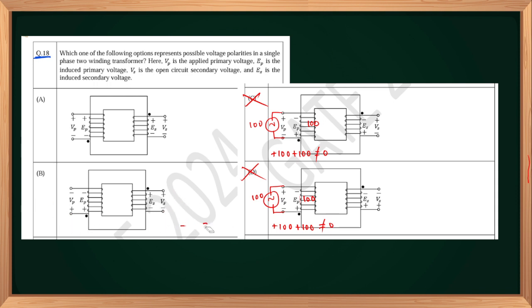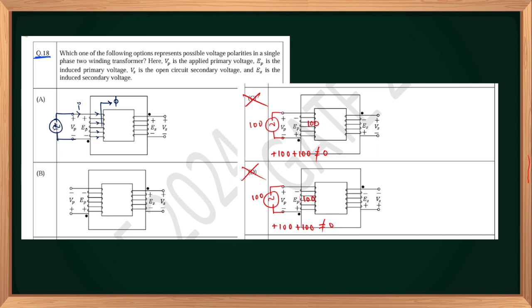In the first option, I am connecting a source like this with positive polarity, of course, alternating voltage source. Now this alternating voltage source is going to drive a current, and that current is flowing through this winding in this direction. According to this current direction, the flux produced by this current carrying conductor will be upward.